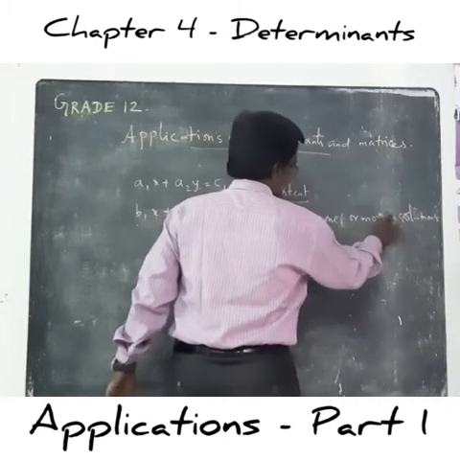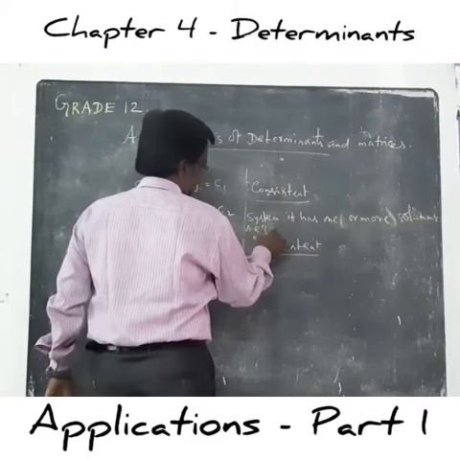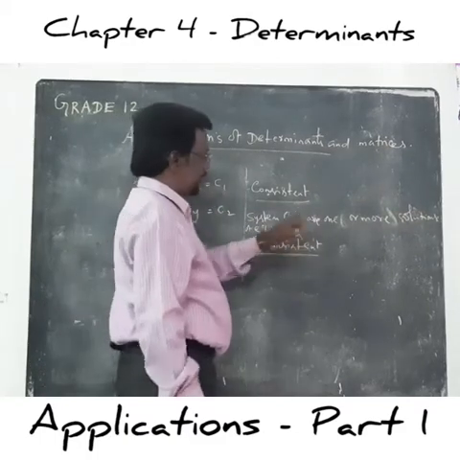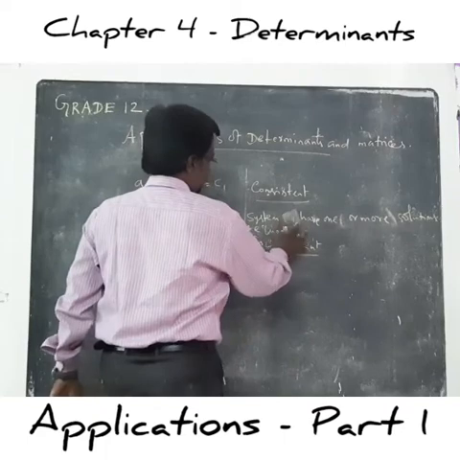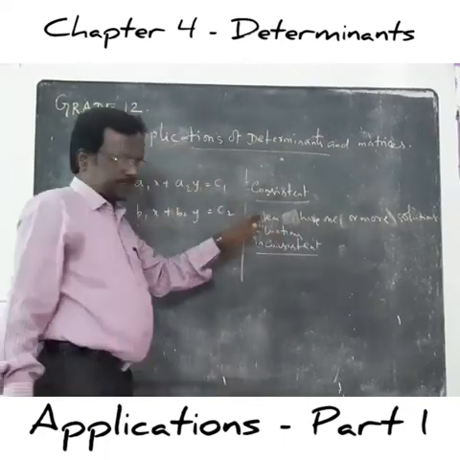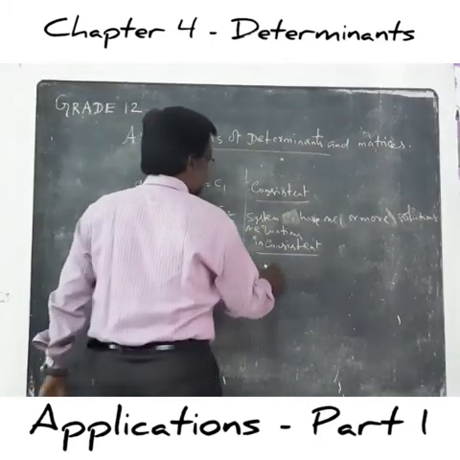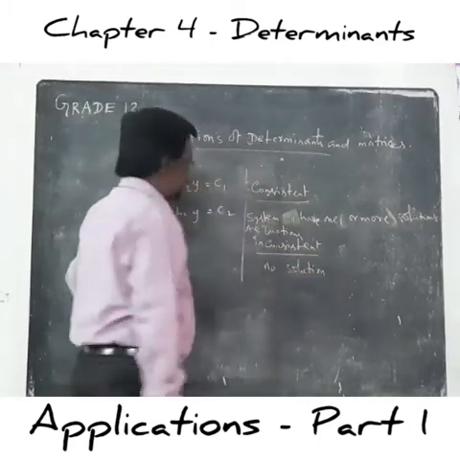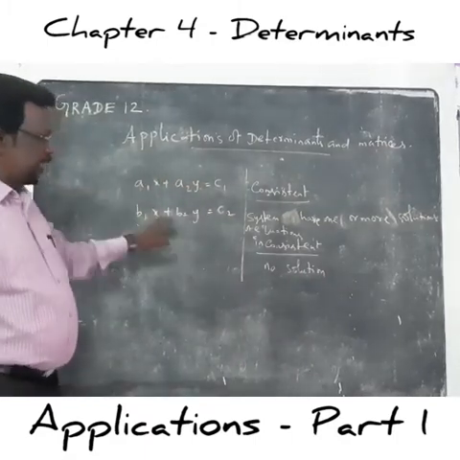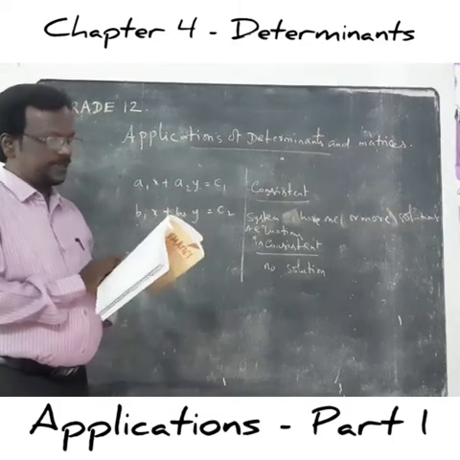The system of equations has one or more solutions. That is called consistency, or consistent. At that time that system is called consistent. Suppose the system of equations has no solution, at that time that is called an inconsistent system.